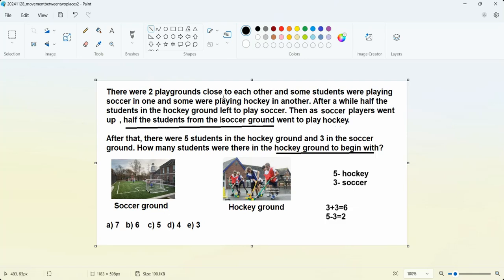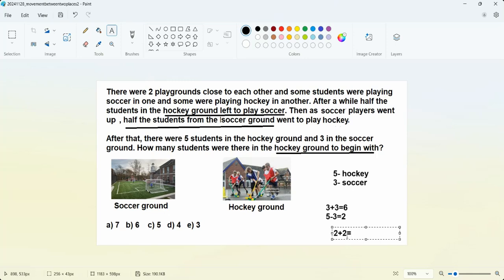Now we have to do another step. After a while, half the students in the hockey ground left to play soccer. After half the students left, we have two in the hockey. So originally, again the same thing: half of them present is two, so we have to add back whoever left, and that was also two.